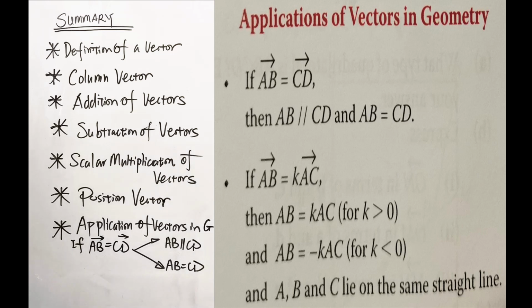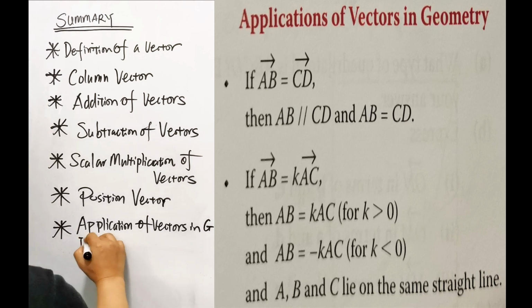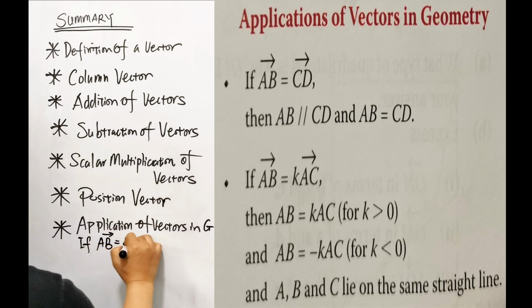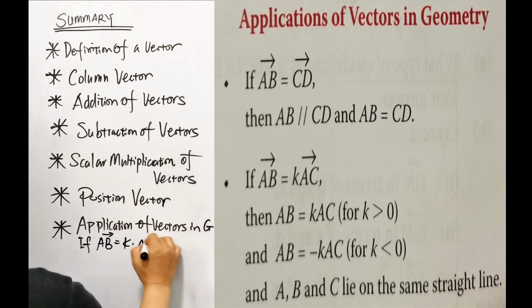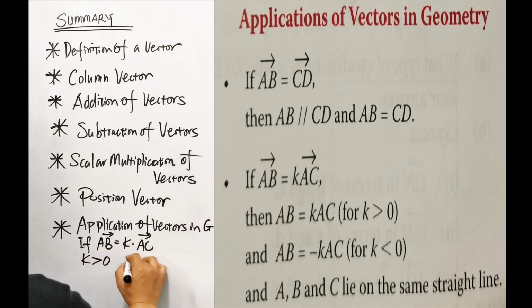Also, if there's a k, if AB equals k times AC, when k is more than 0, AB is equal to k times AC, right?